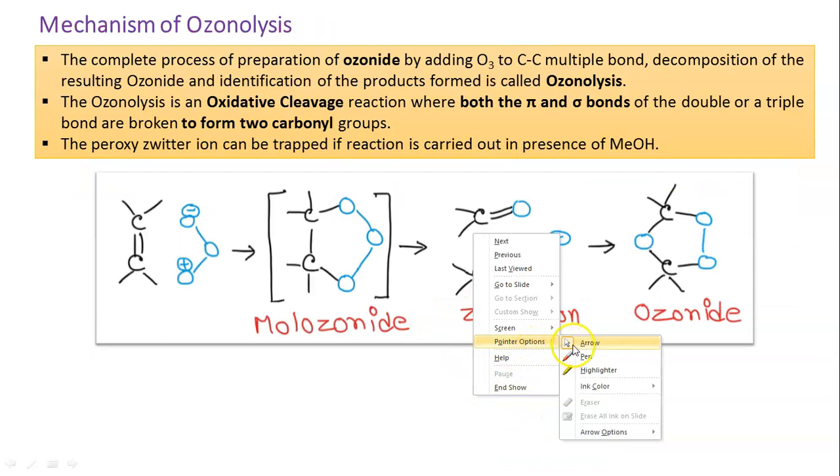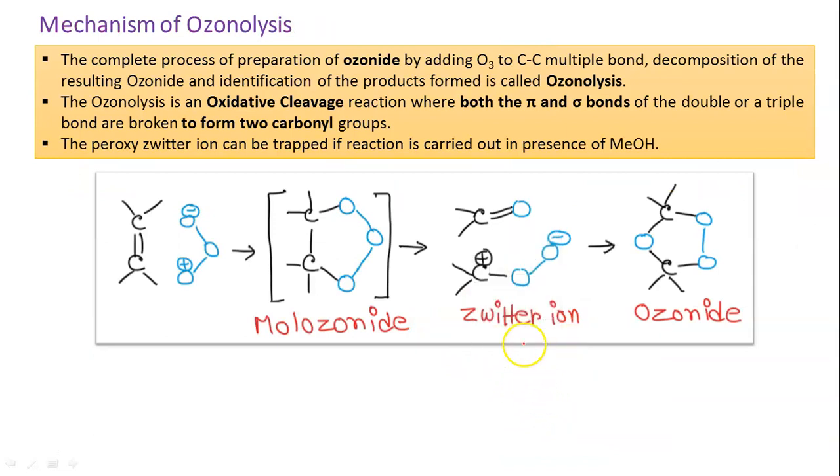Now we will focus on the mechanism. So what is ozonolysis actually? Actually there are so many steps: the preparation of ozonide by adding O3 to the CC multiple bond is the first step, then decomposition of the resulting ozonide, and finally the identification of the products.